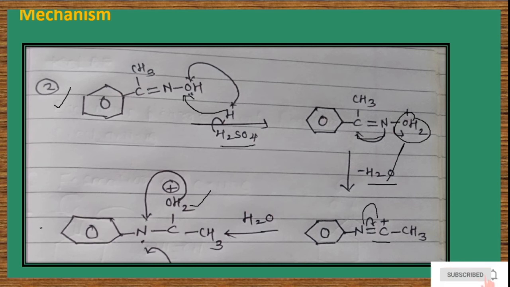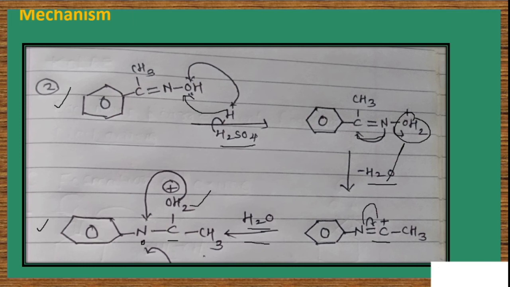Again bond shifting takes place, and that provides a direct bond of nitrogen with the benzene ring. The internal changing of the bond takes place, and a hydroxide with positive charge forms on the corresponding carbon. You can see here.